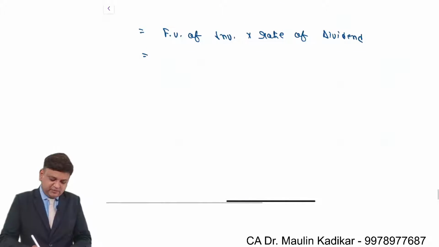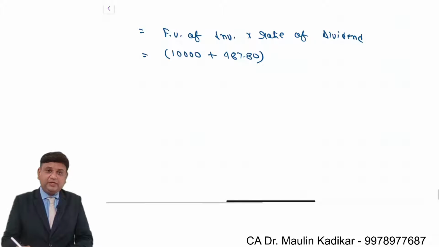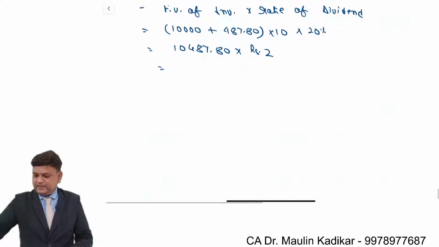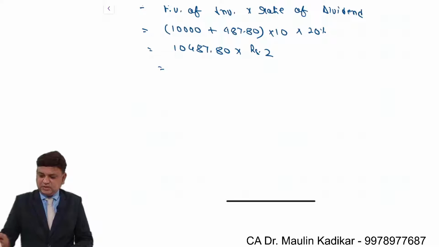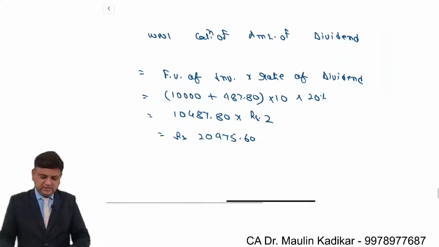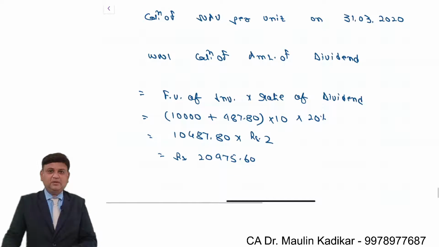So 10,000 units were allotted initially, plus 487.8, into 10 into 20%. So 10,487.80 into rupees 2. So the answer is rupees 20,975.6. That is the amount of dividend.